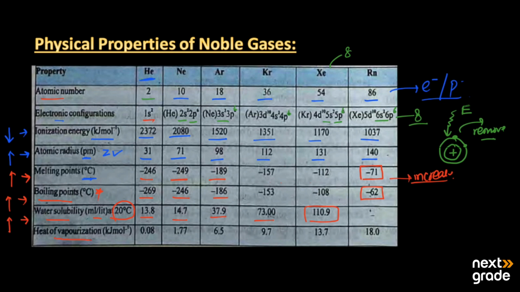At the end, here we have the heat of vaporization, that is in kilojoule per mole, that is, what amount of heat is required to get them into vapors. Helium is 0.08, neon 1.77, and then 6.5, 9.7, 13.7, and 18. It means when we move from top to bottom in the group, there is an increase in the heat of vaporization. All the properties increase except the ionization energy. It decreases when we move from top to bottom in the group.